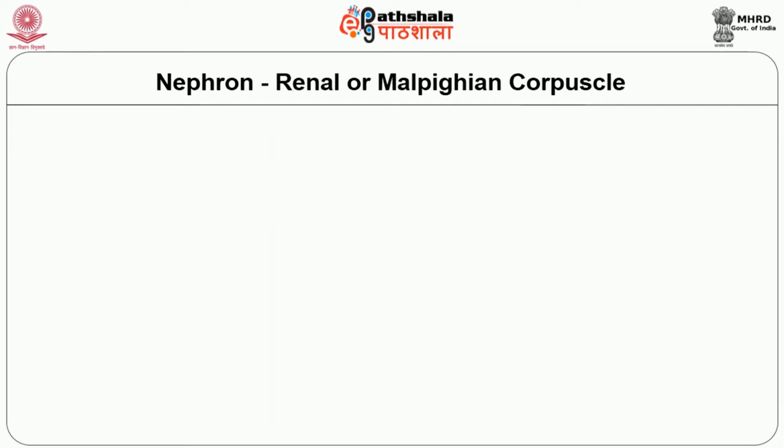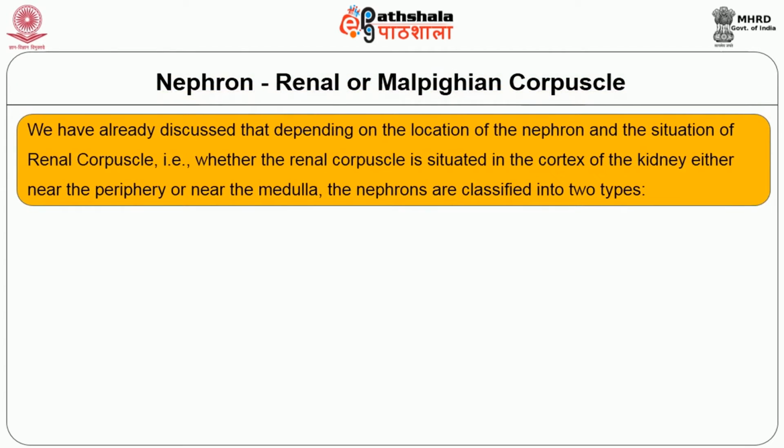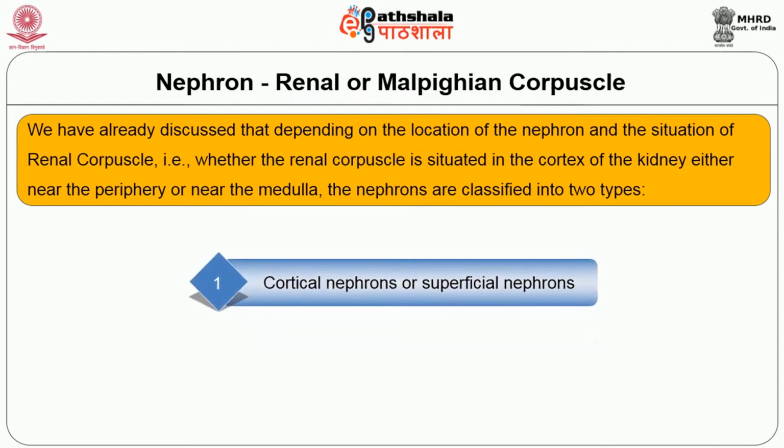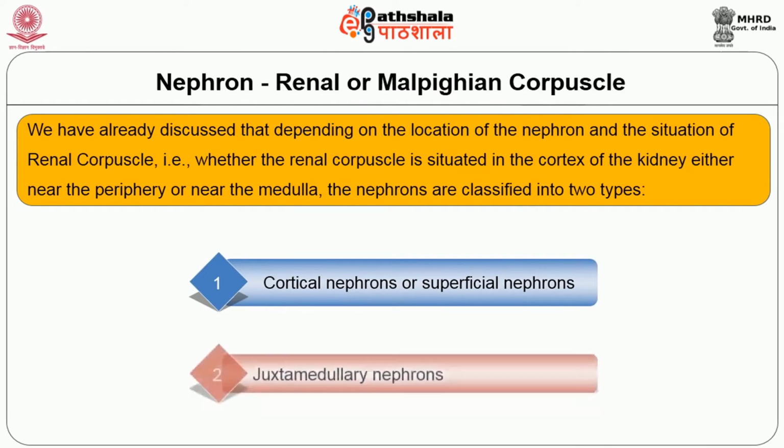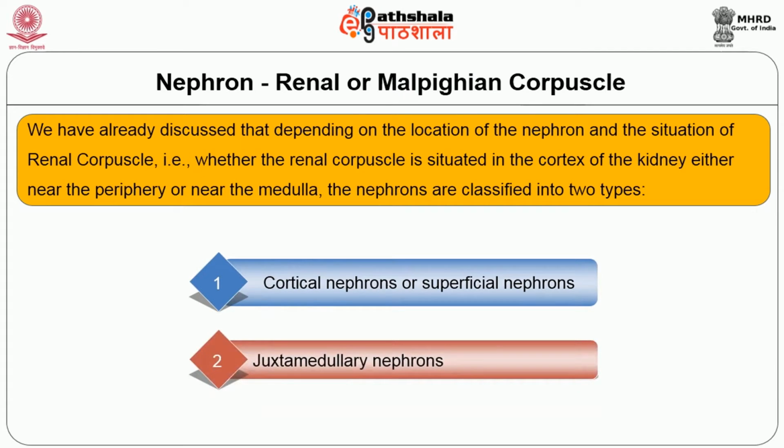Now, let us understand the juxtaglomerular apparatus in some detail. We have already discussed that depending on the location of the nephron and the situation of the renal corpuscle, whether it is situated in the cortex of the kidney near the periphery or near the medulla, the nephrons are classified into two types: cortical nephrons or superficial nephrons, and juxtamedullary nephrons.